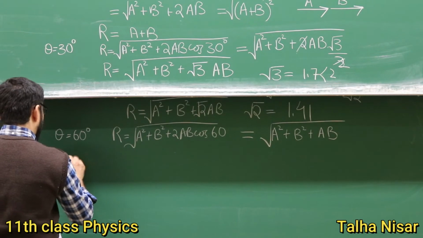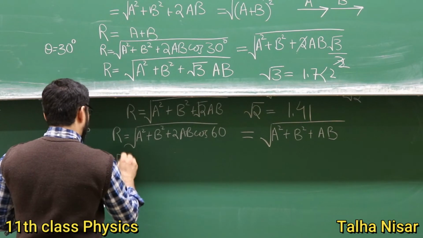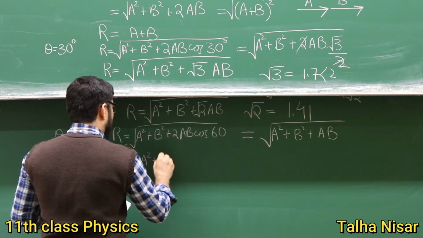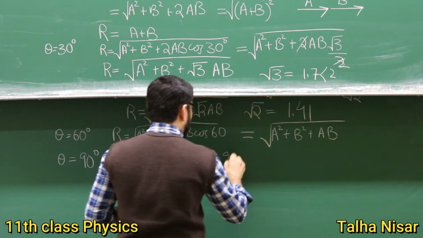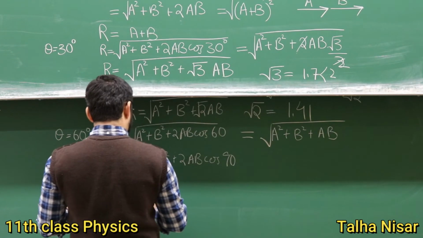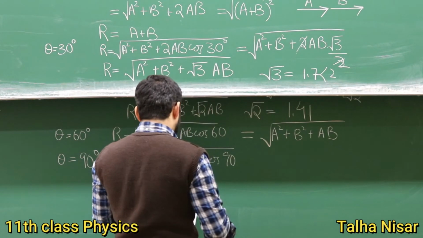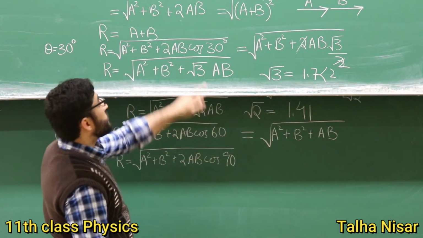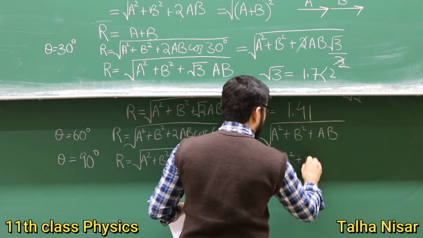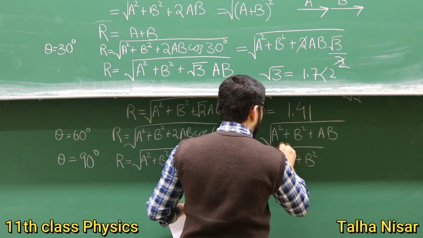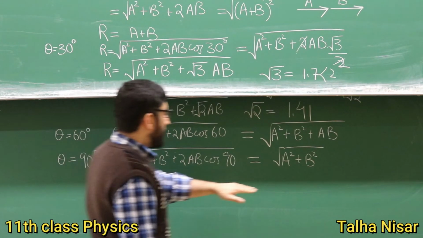So now we try 90 degrees. R equals the square root of a squared plus b squared plus 2ab cos 90. Since the cos of 90 is 0, as we discussed, the final answer is the square root of a squared plus b squared.